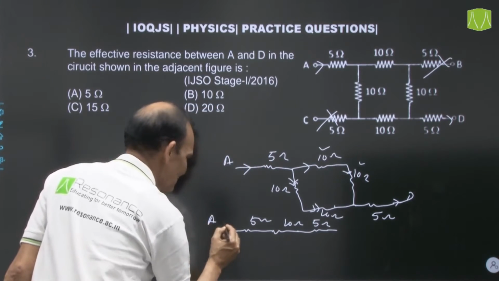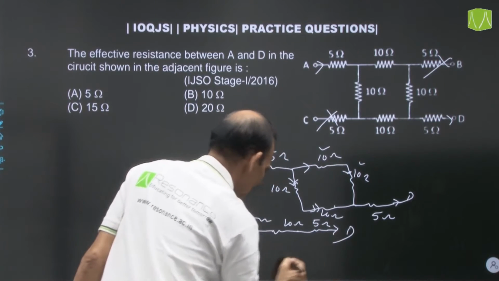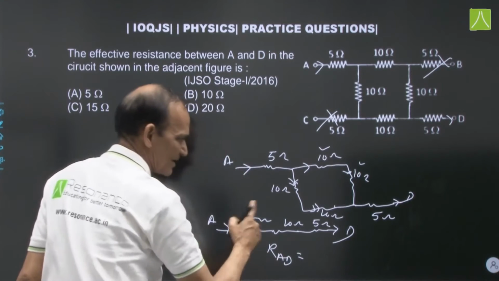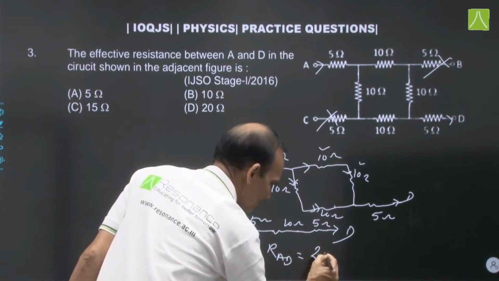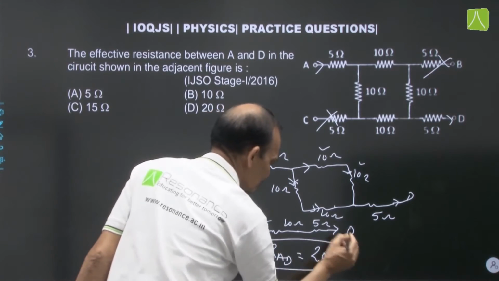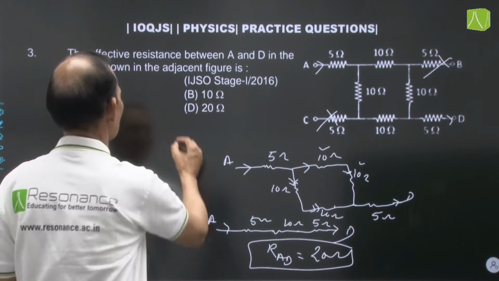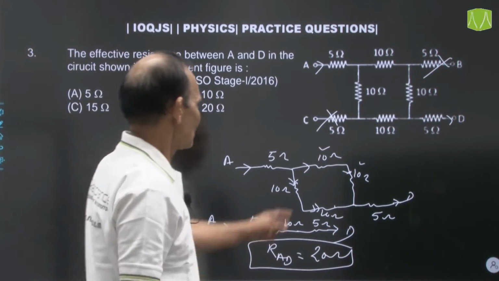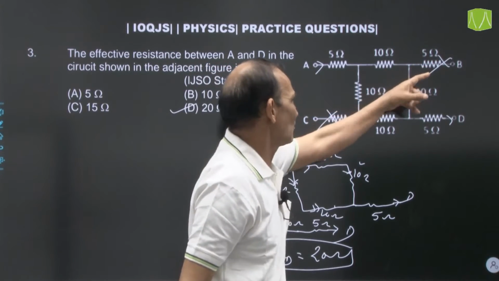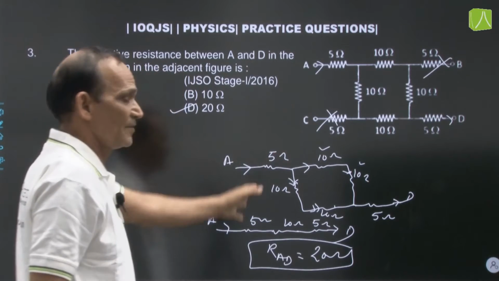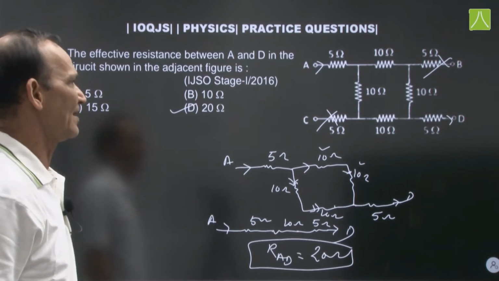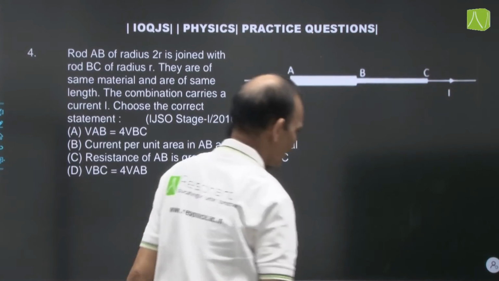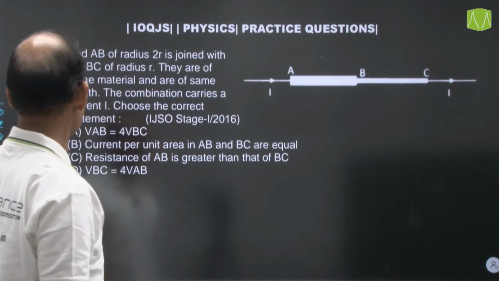This is A, this is D, so R equivalent AD will be equal to 5 plus 10 plus 5, that is 20 ohm. This is the answer, so the answer is D, 20 ohm, the correct option. Now the 5 ohm on this side and that 5 ohm are in an incomplete circuit, so they are not in the circuit between A and D. Okay, the next question, that is the fourth question, is this one.